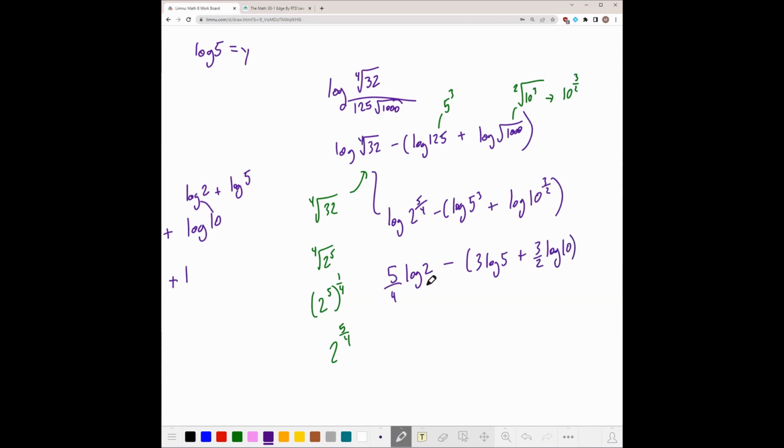Log 2, we already know from above, is x. So this is 5/4 x. And we subtract 3, well, this is y, so 3y. And log 10 is just 1, so plus 3/2. I could turn this into an equivalent fraction statement and put it all together, but that seems like a waste of my time. So I'm just going to leave it like this.